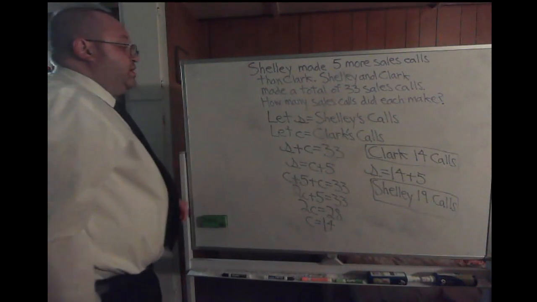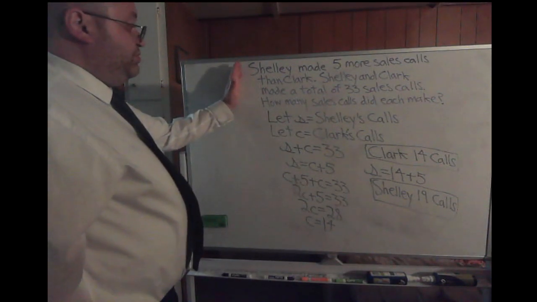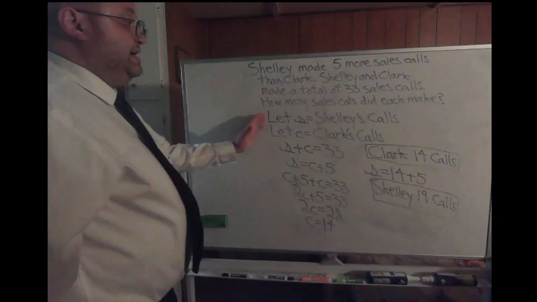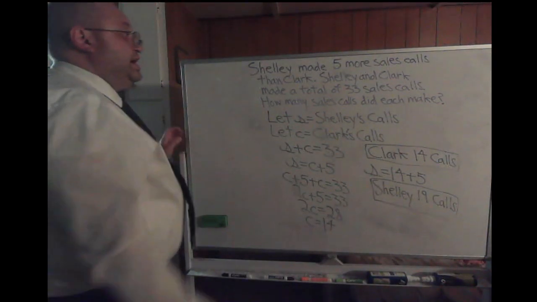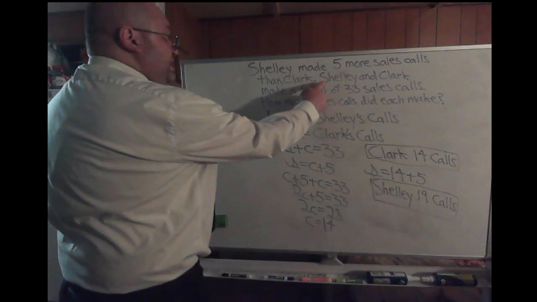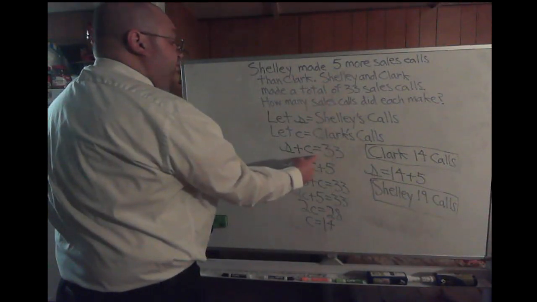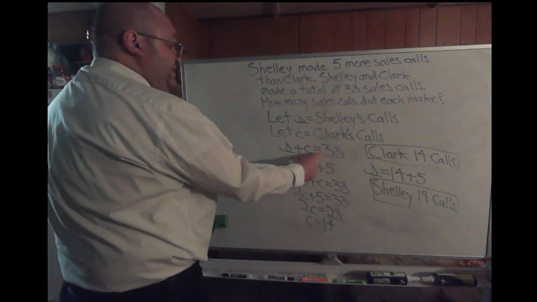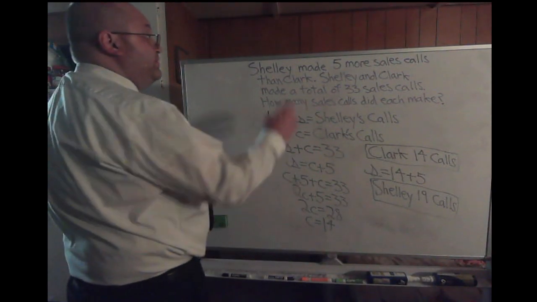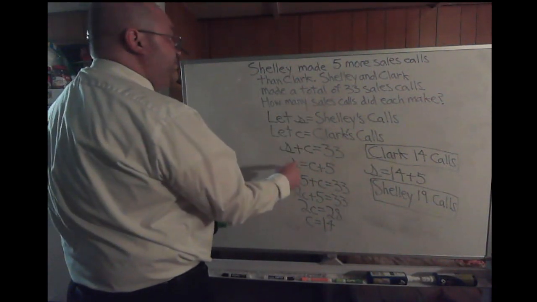So, once again, I read the problem, set up my variables that made sense. S would equal Shelley's calls, C would equal Clark's calls. The second sentence tells us together that Shelley and Clark made a total of 33 calls. So I put S plus C equals 33. And now the first sentence tells us that Shelley made 5 more calls than Clark.